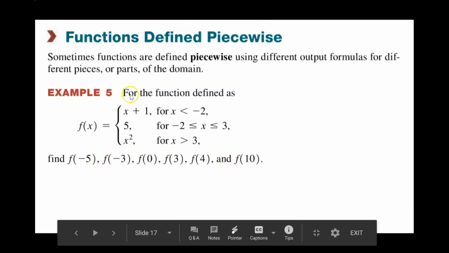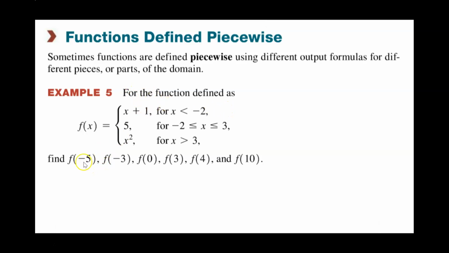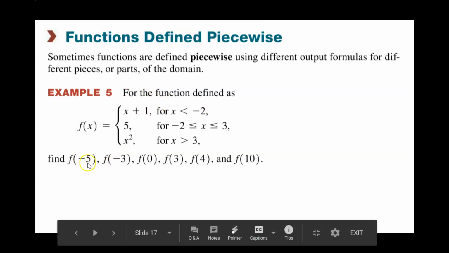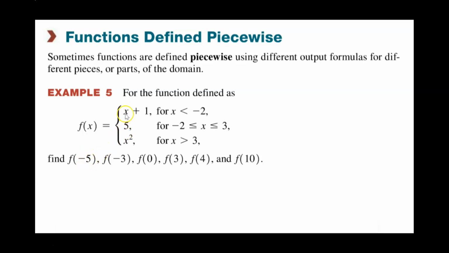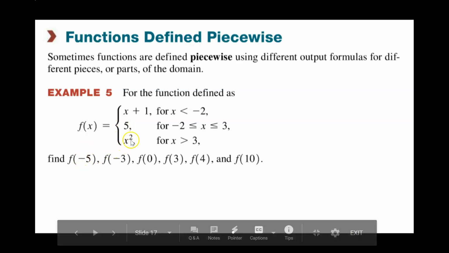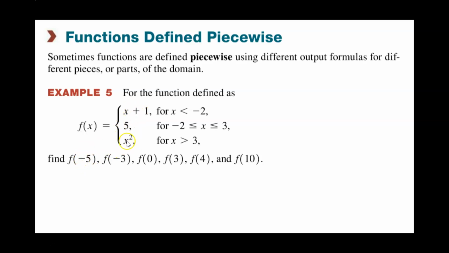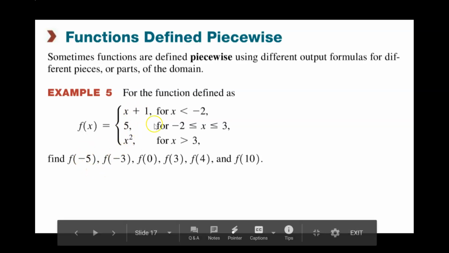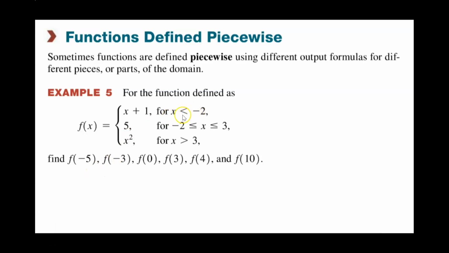Now, if we need to evaluate the function, if I gave you negative 5, it's up to you to pick which function to use: x plus 1, the 5, or x squared. Where can I plug this x into? You don't need to plug it in here because there's no x's. But where can I plug this negative 5 into? This one or this one? Well, you have to look at the part over here where it actually makes it true.